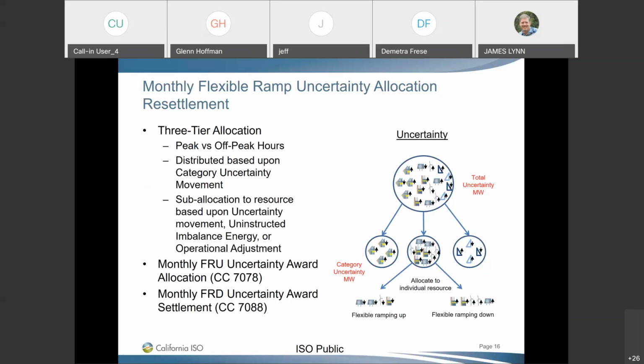So instead of trying to determine what the configuration is, we basically said, if your resource has already moved in the direction of that award, then we are going to claw back that portion of the megawatts, because you've already been compensated for the energy and therefore shouldn't be compensated for flexible ramp.